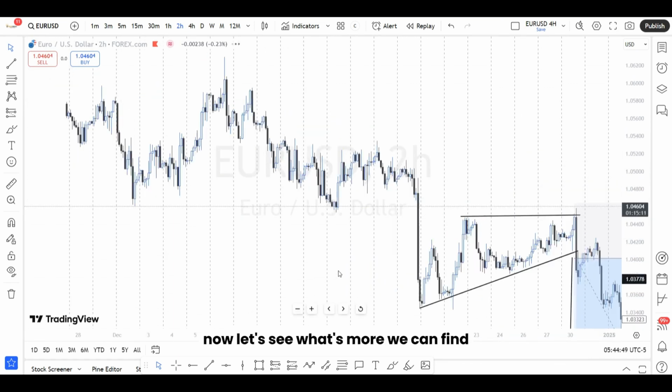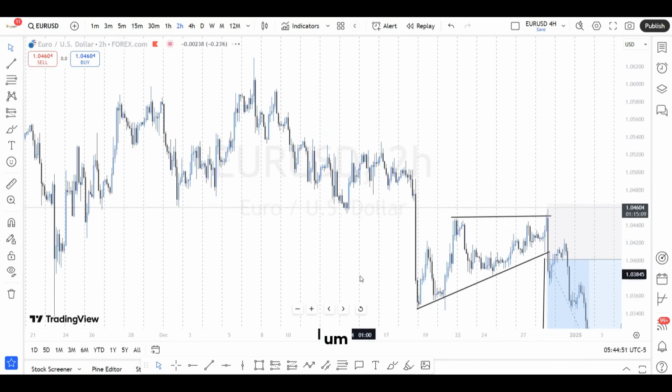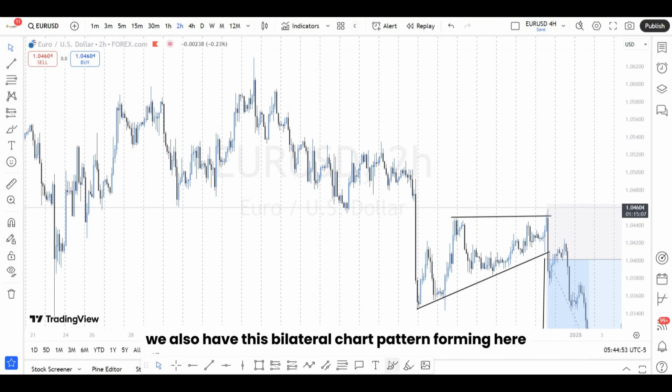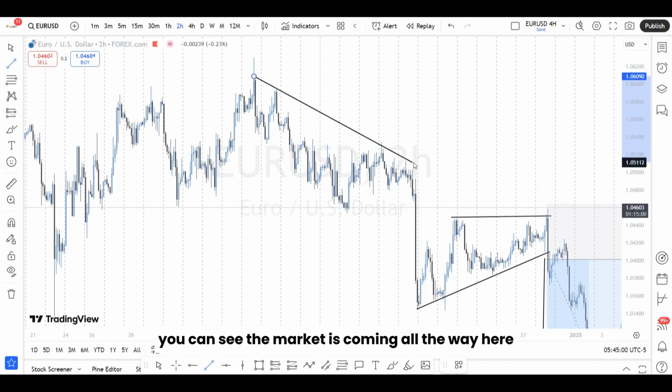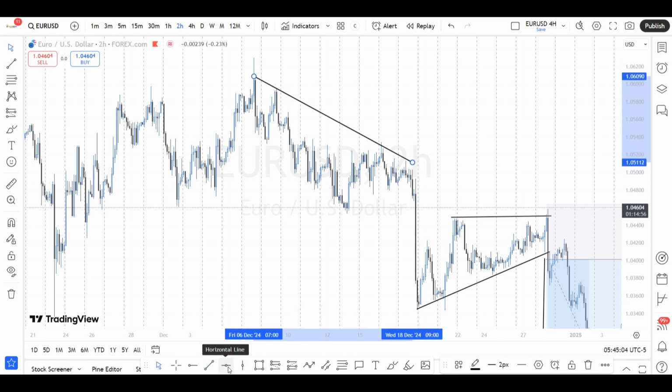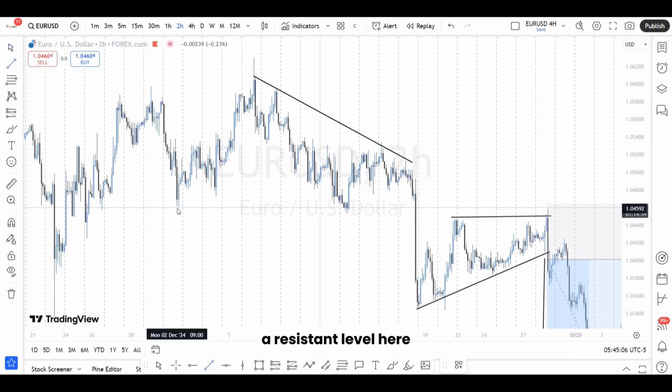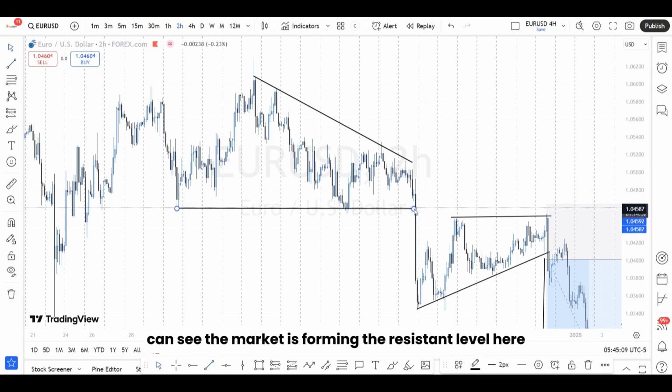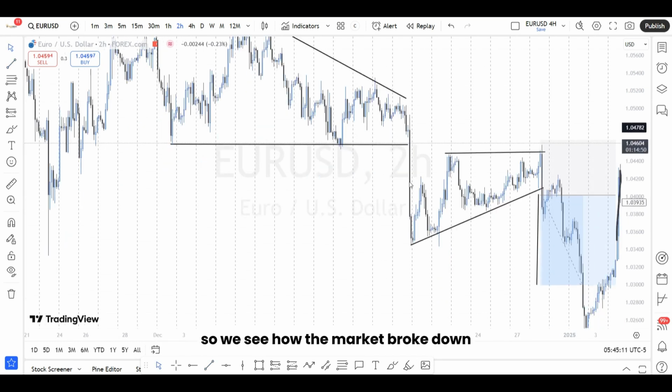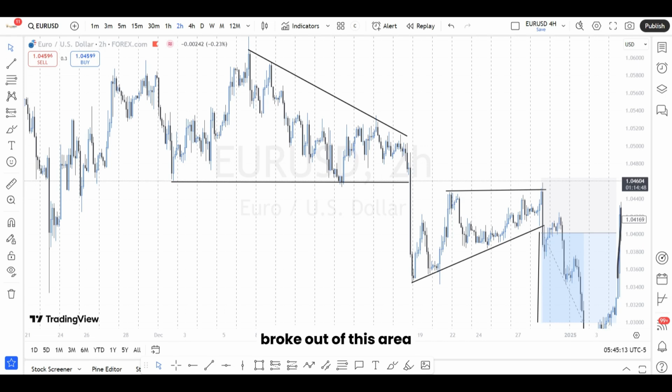Now let's see what more we can find. We also have this bilateral chart pattern forming here. You can see the market is coming all the way here, and you can see the market is forming a resistance level here. So we see how the market broke out of this area.